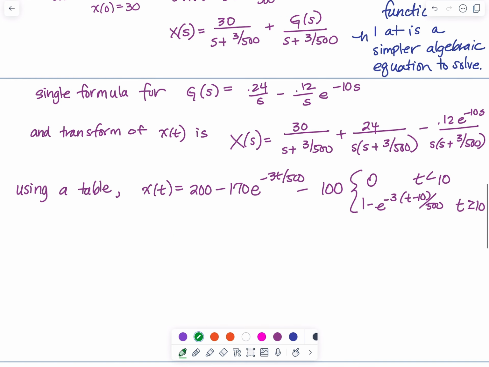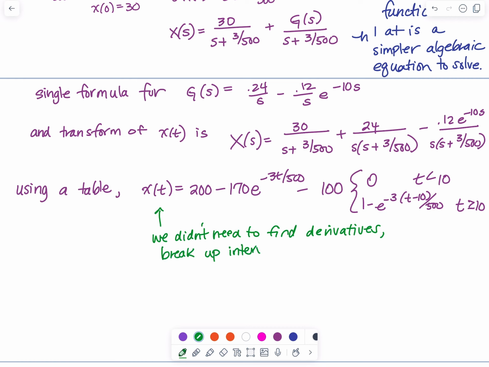So if we note here, we didn't need to find any derivatives of trial solutions. We didn't need to break up intervals. Or even evaluate constants with those initial conditions.